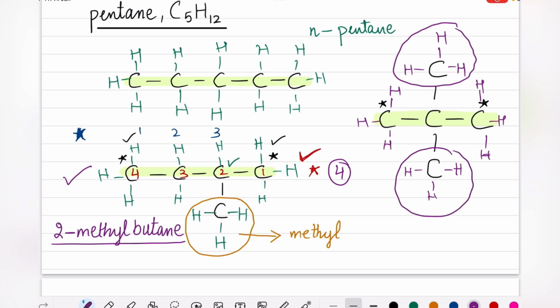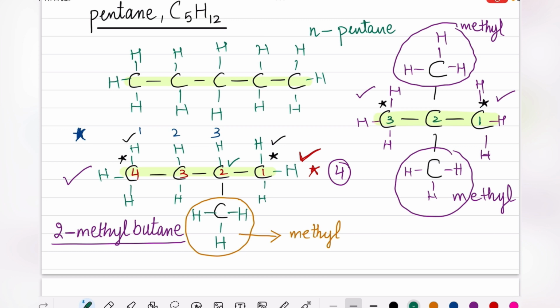The name of both branches is methyl, as both consist of 1 carbon atom. Now start numbering from the side nearest to the branch. Either I start numbering from the right side or from the left, the branches are present at the middle carbon atom, so it does not matter where I start the numbering. So 1, 2 and 3.